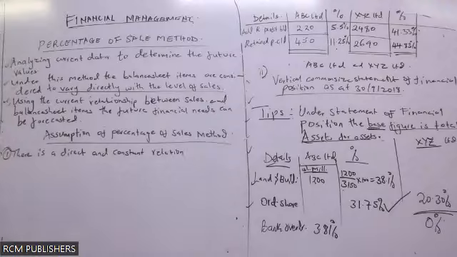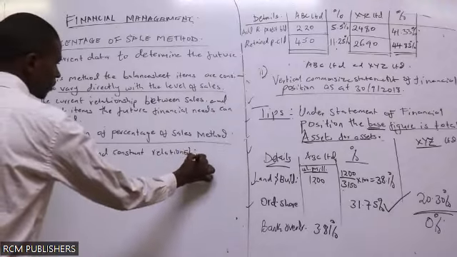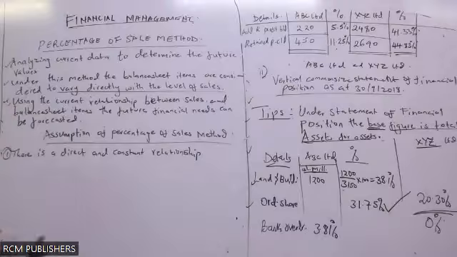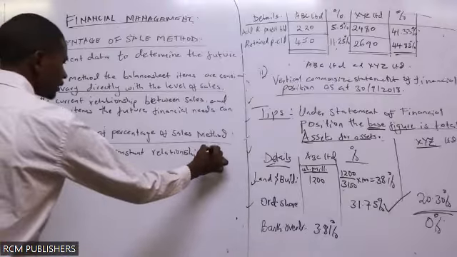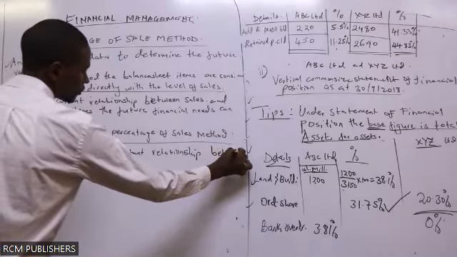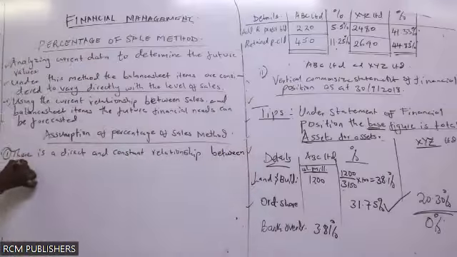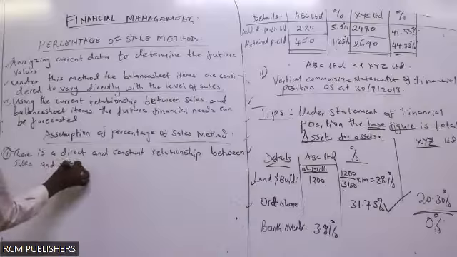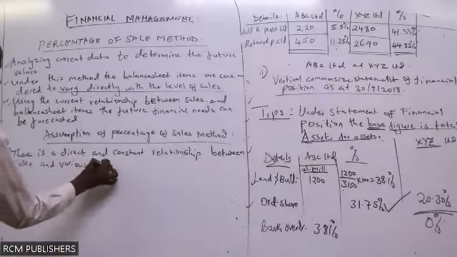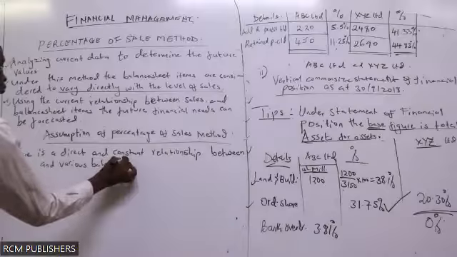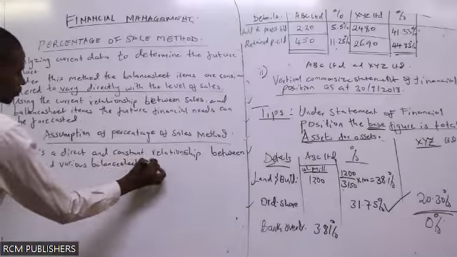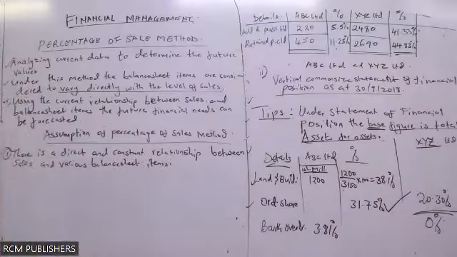Examiner anaweza kuuliza hizi, between sales, hii ni testable, and various balance sheet items.